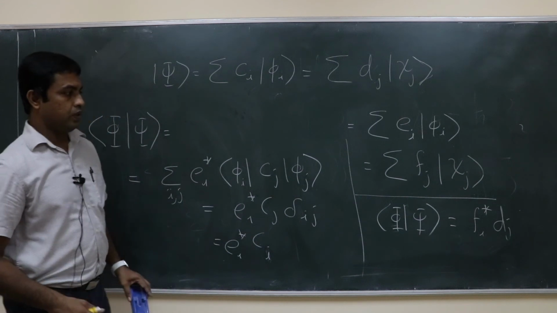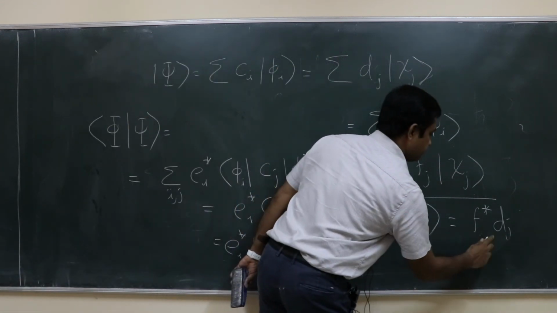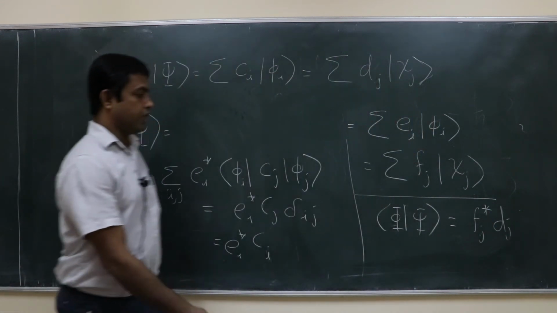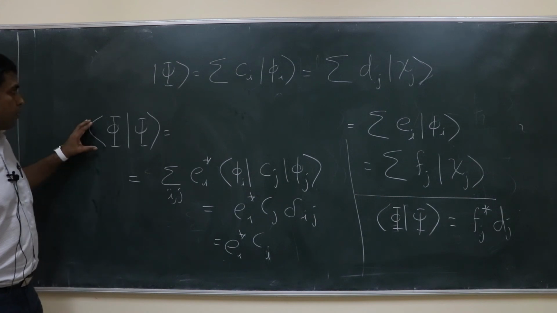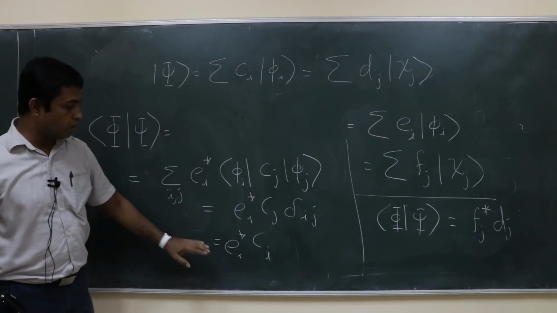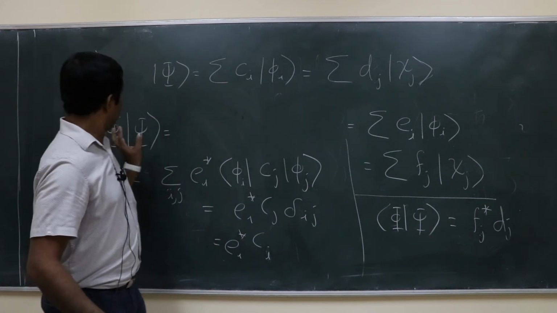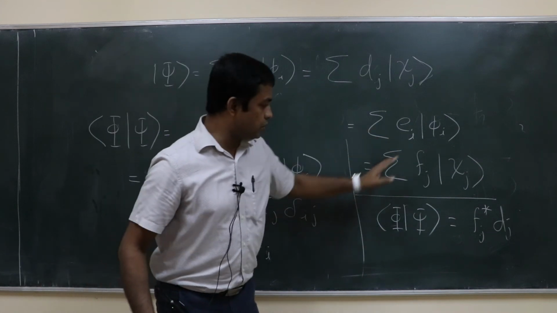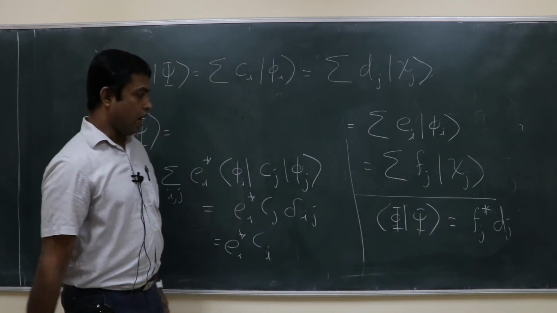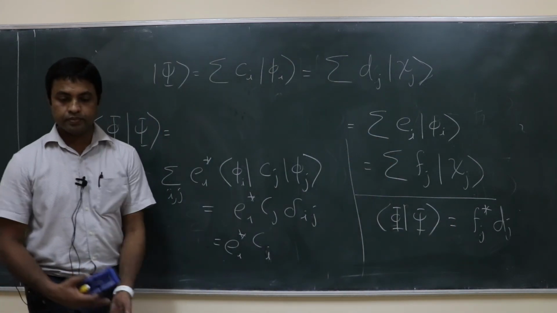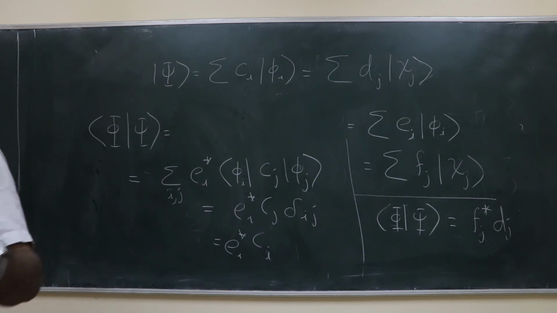So you found the inner product in one basis, and you got this answer. You found the inner product in another basis, and you got this answer. Are they the same?